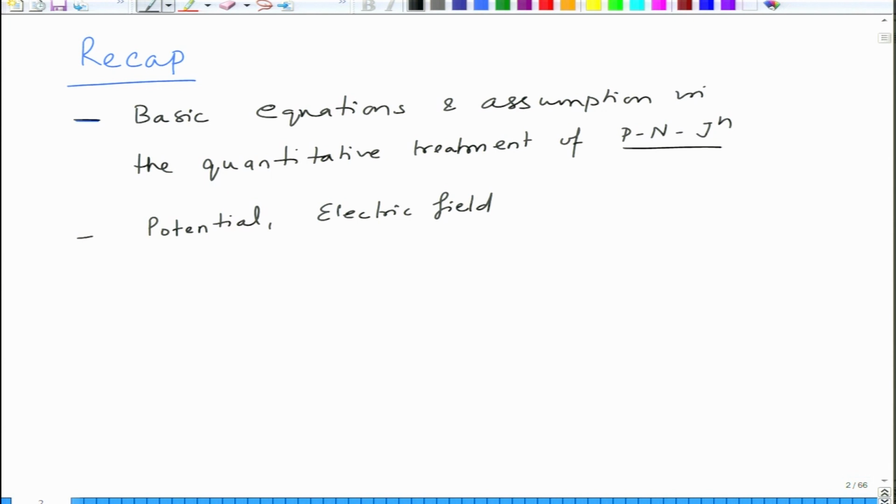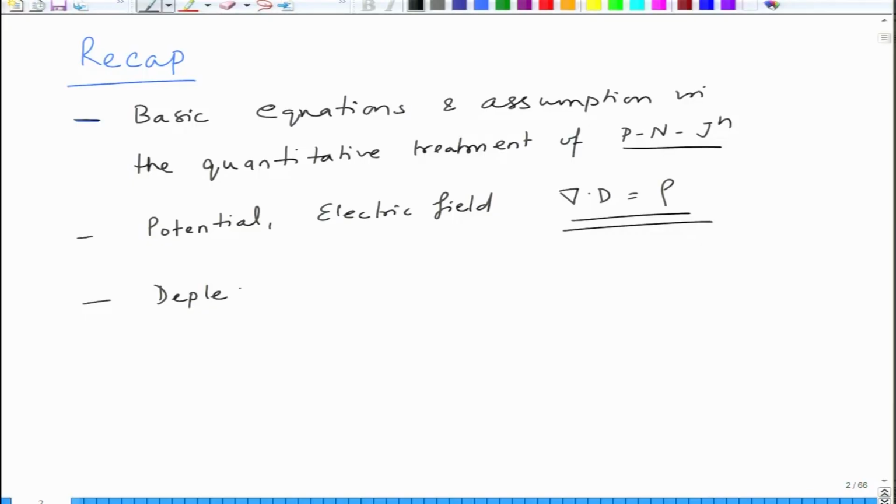One thing you have to remember is that electric field and potential both are continuous because the bands are continuous. So, they are not discontinuous at the junction and the interfaces. From those and the basic Poisson's equation, which is basically del dot D is equal to rho, we determined the electric field, then the potential, and then we estimated the depletion region width.